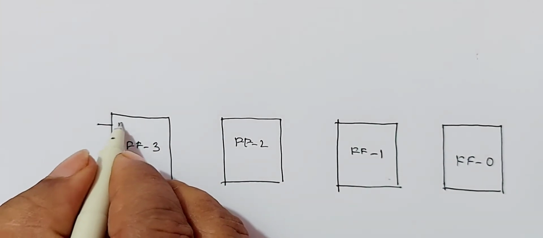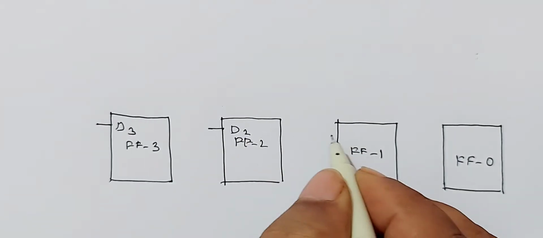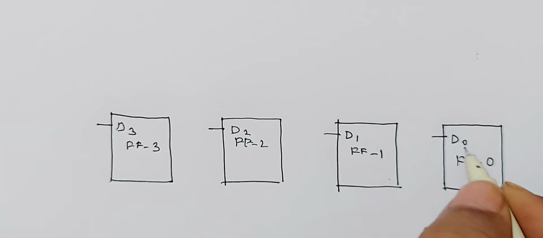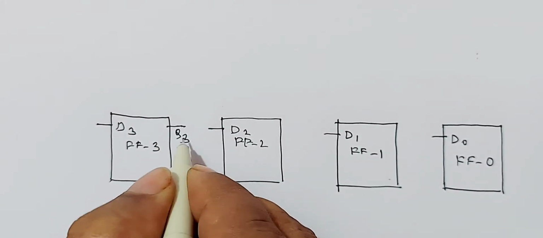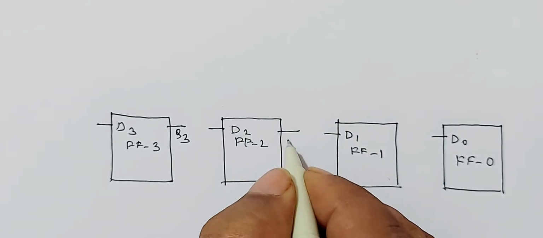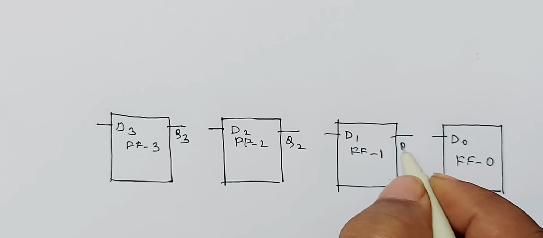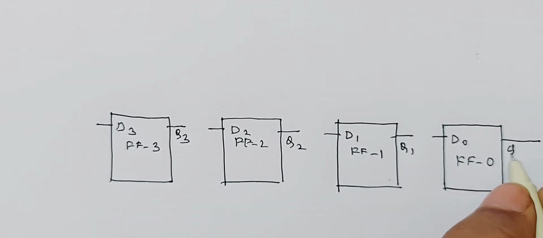D3 is the input, D2 is the input, D1 is the input of this, and D0 is the input of this. Q3 is the output, Q2 is the output of the second, Q1 is the output of the third, and Q0 is the output of the last.